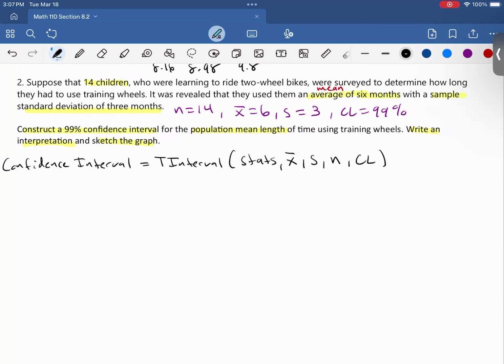Just a generic makeup of it. So why am I using t interval? Well, I'm using t interval because I'm given the sample standard deviation. What this means is that the population standard deviation sigma is not known, so I need to use the t distribution.